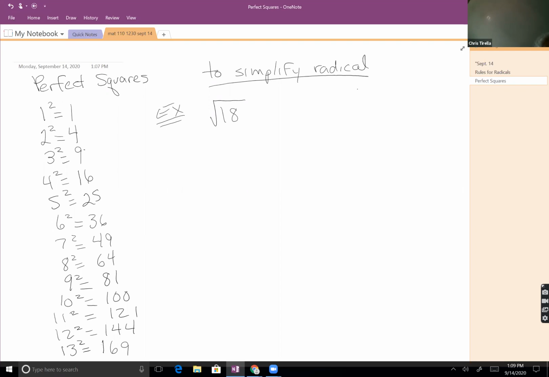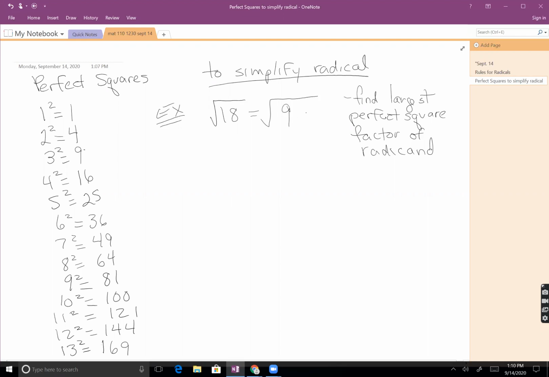What we want to do is find the largest perfect square factor of the radicand. So, which of those perfect squares goes into 18 evenly? 9 times 2.